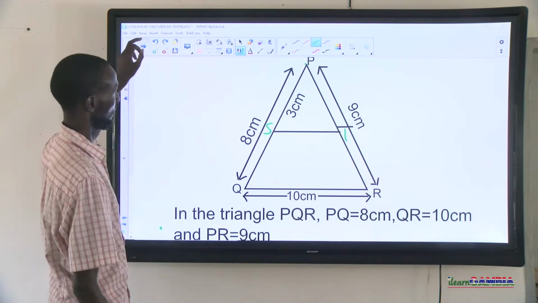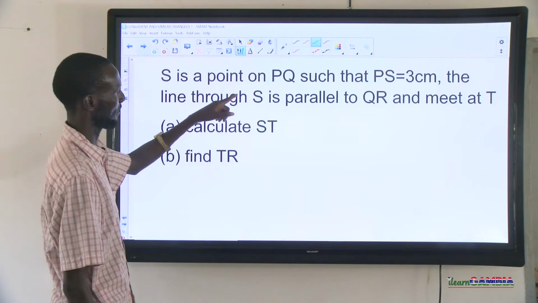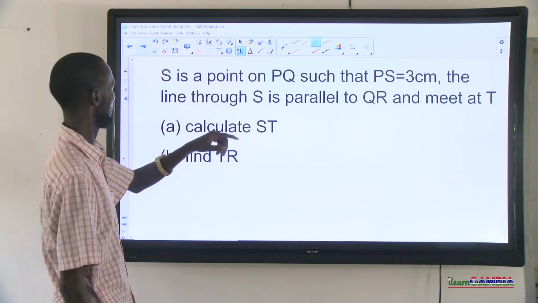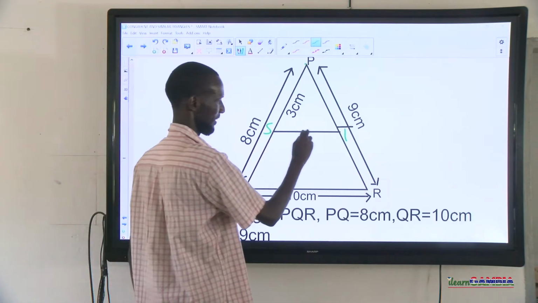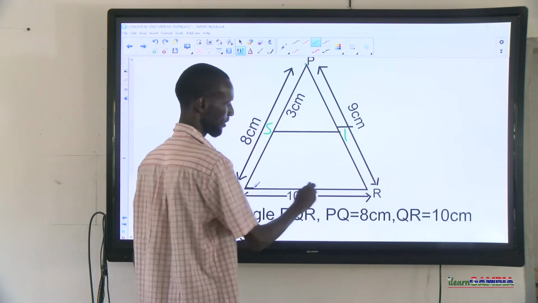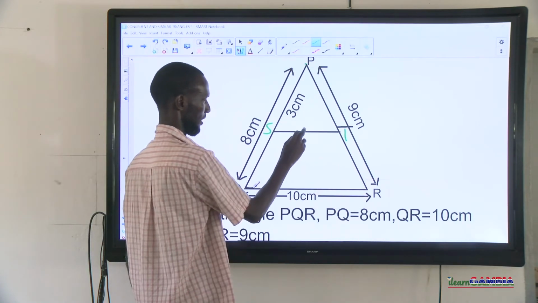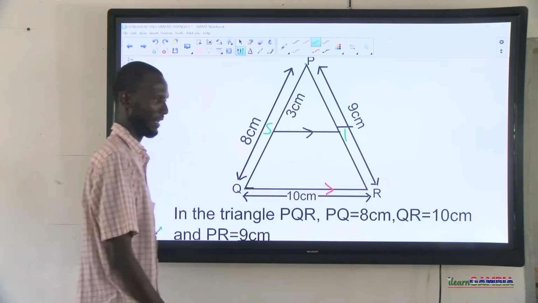Then, the line through S is parallel to QR and meets PR at T. So this ST is parallel to QR and it meets PR at T. Those lines are parallel.